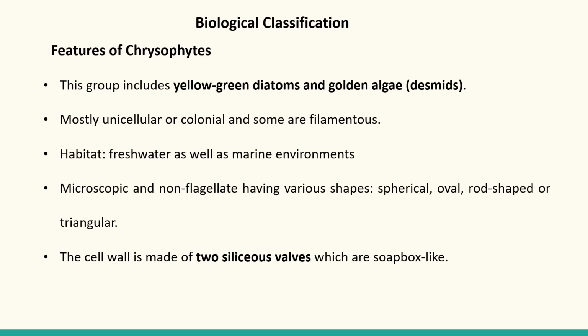They can be spherical, oval, rod-shaped or even triangular. The cell wall is made up of two siliceous valves which are like a soap box. When you have seen a soap box, there is a bottom box and there is an overlying lid. Okay, so the cell is divided into two parts. That is why it is called a siliceous valve or soap-like box.